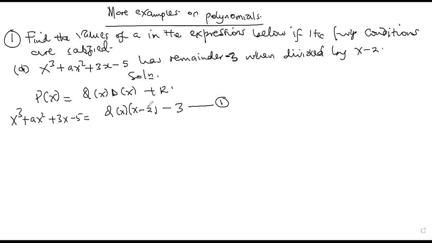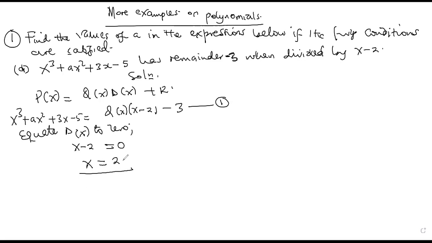In all cases, you have to equate the divisor d of x to 0. D of x is x minus 2, so you're going to have x as 2. We said in our first lesson that when you substitute this x into the polynomial, you are supposed to get the remainder.